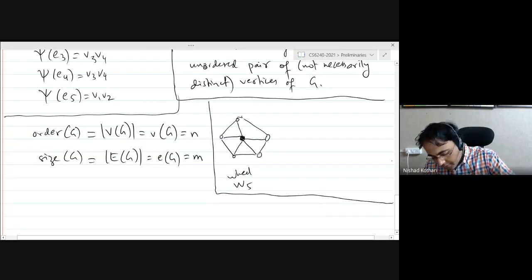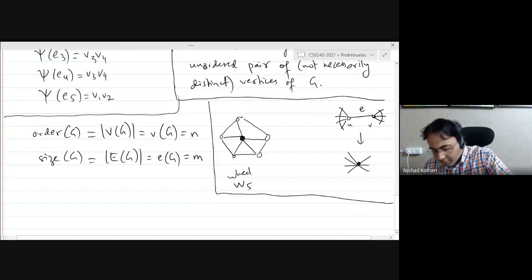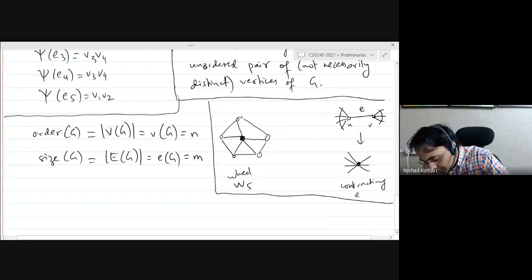What that means is, if you have an edge E, what you would do is you would identify the two ends of the edge into a single vertex. Okay, and you would make that vertex adjacent to all the vertices that the previous edge was adjacent to. So this is called contracting an edge, and we will see uses of it later in the course.